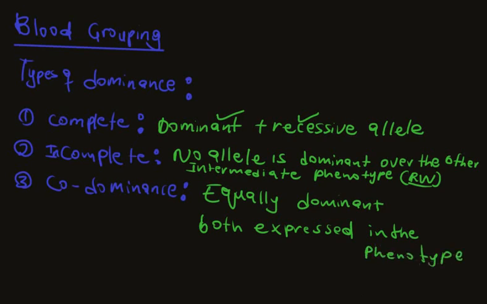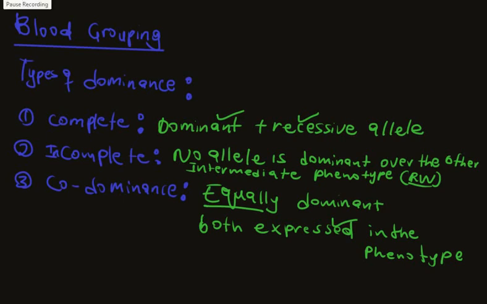For example, same example, a red and a white flower, then the resultant flower will be a flower with both red and white patches. So that means there will be both red and white in that flower. They will both be expressed because they are equally dominant. That's all about types of dominance.